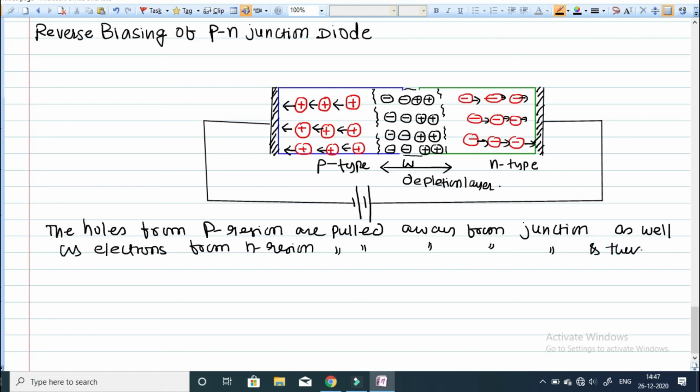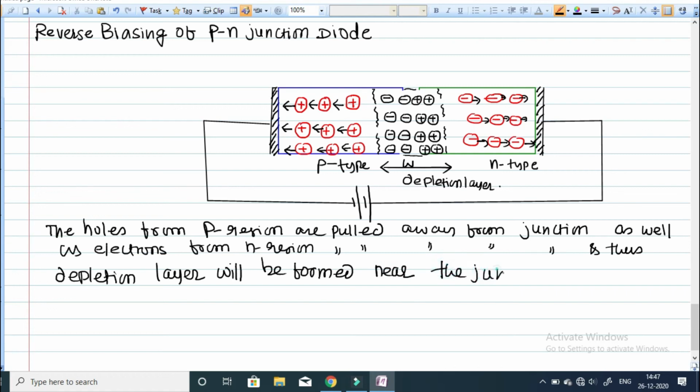This depletion layer near the junction is thick.